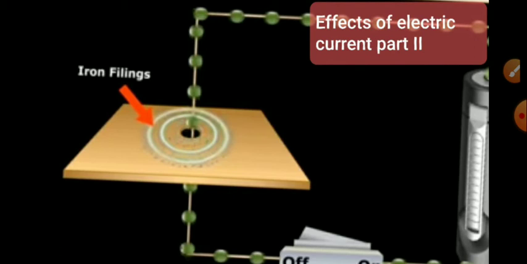In this lecture we will discuss the magnetic effect of electric current, activity with copper wire, then production of magnetic field, right hand thumb rule, magnetic field produced by current through a circular loop of a conducting wire, magnetic field due to current in a solenoid, force acting on a current carrying conductor in a magnetic field, right hand thumb rule, etc. Let us recall what we have studied in our previous lecture.